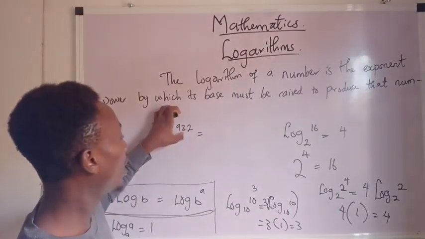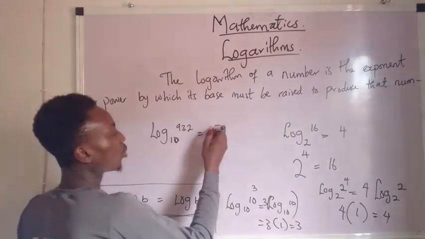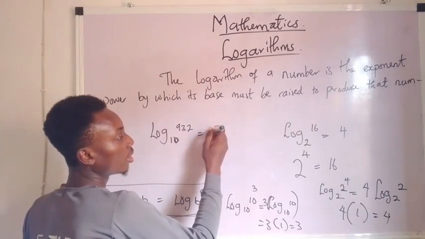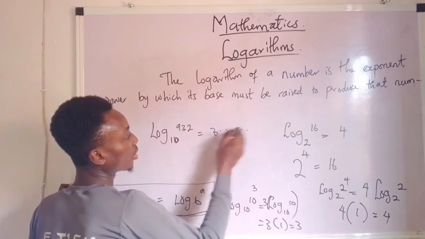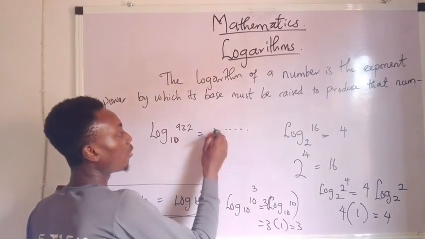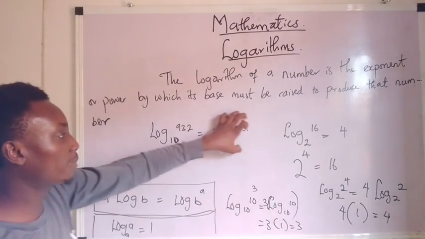It will not be a whole number per se. So it will now give you what you call a mixture of a whole number and decimals.